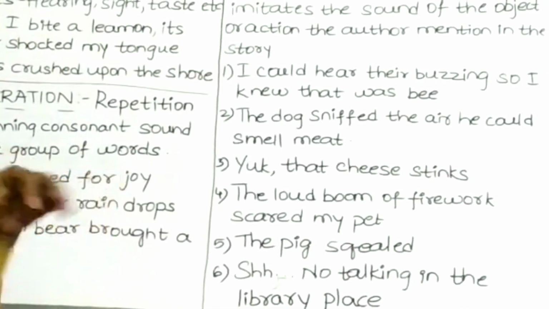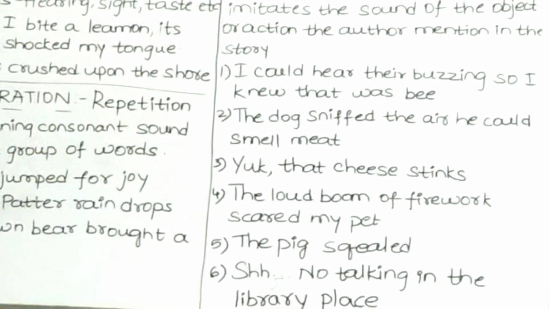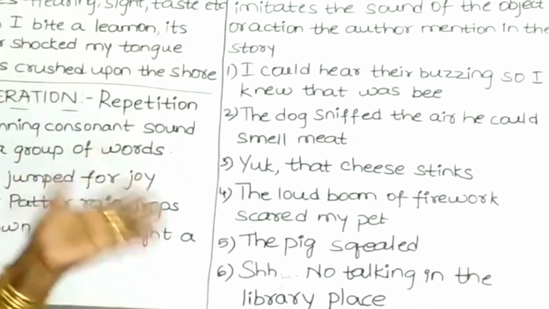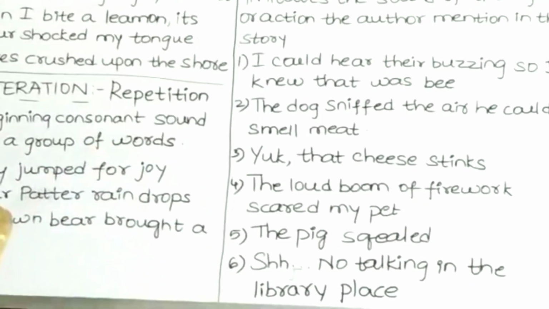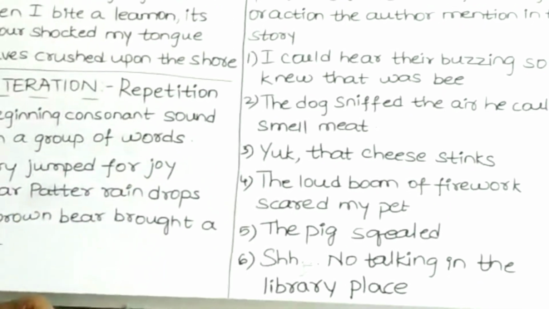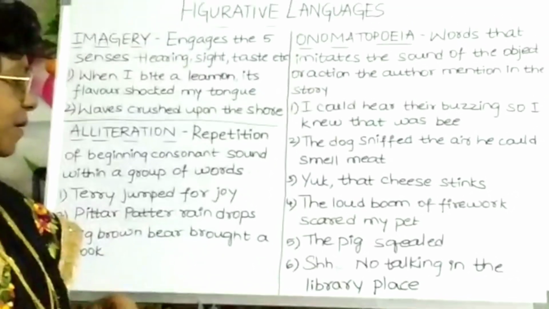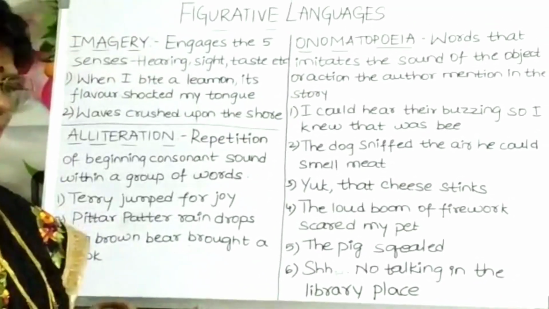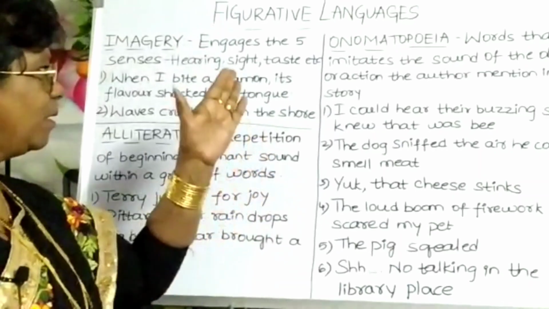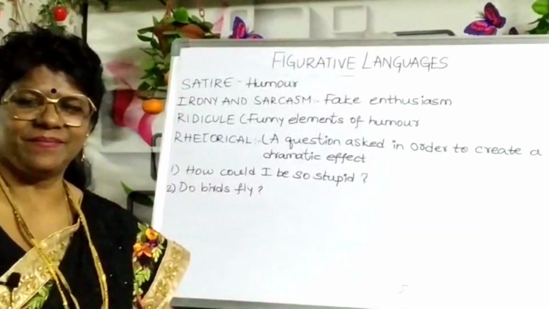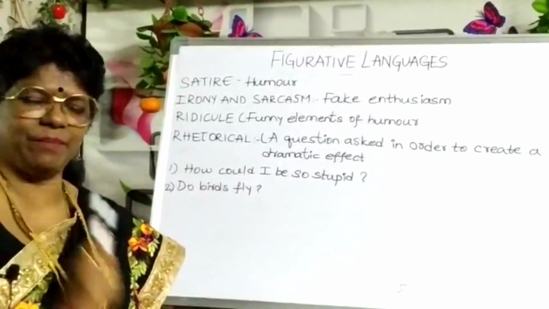Yuck, the cheese stinks. The loud boom of fireworks scared my pet. The pig squealed. Shh, no talking in the library, please. These are all onomatopoeia. Understood? Okay, right? Get back to me.